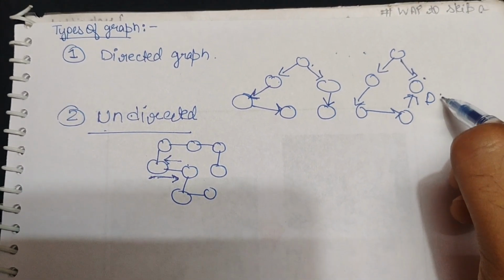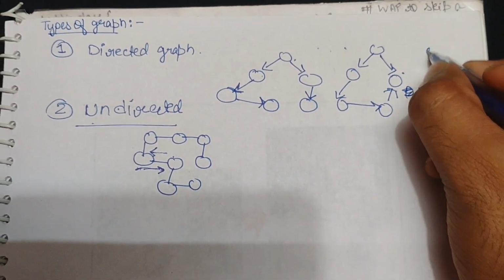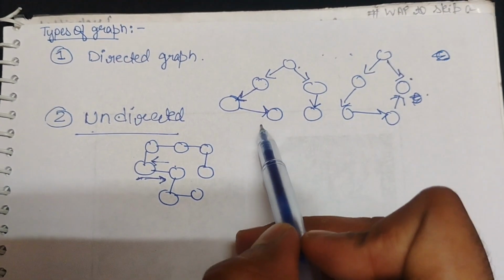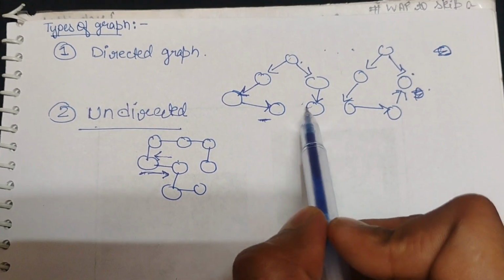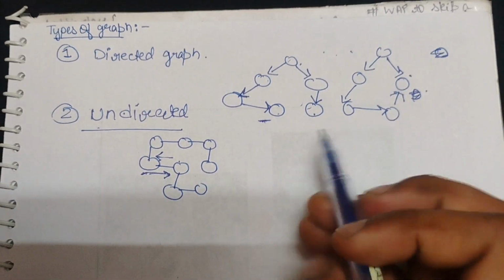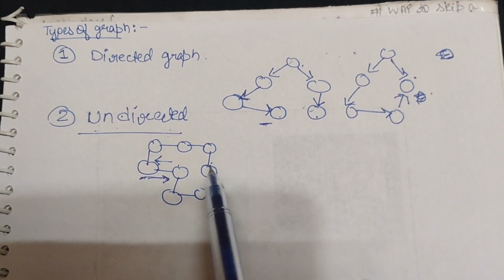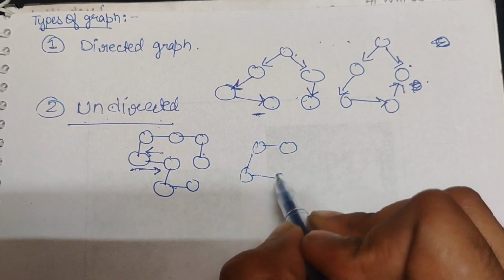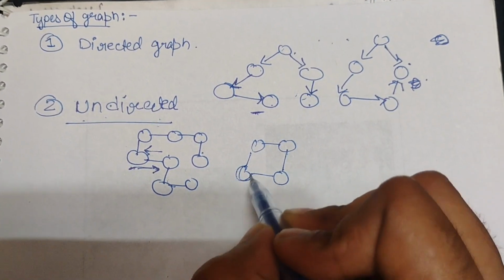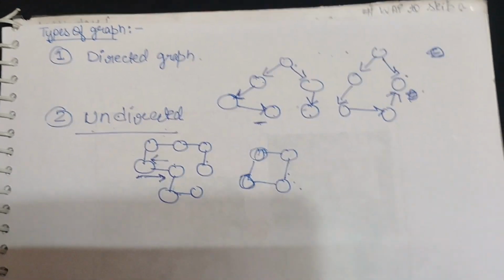Or we can also have a directed acyclic graph like this. It is having a direction and there is no cycle. And we can have an undirected acyclic graph or an undirected cyclic graph, like this one with 4 nodes.